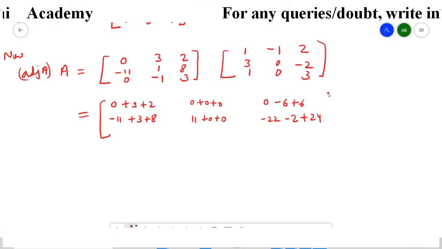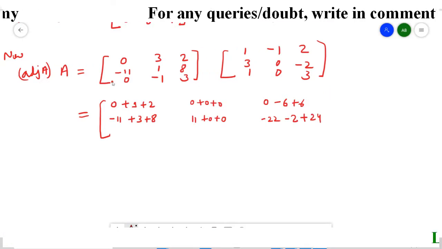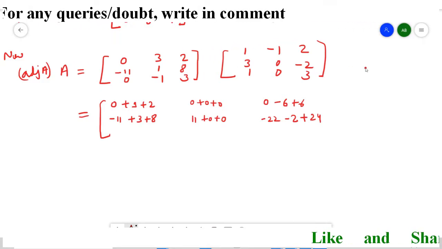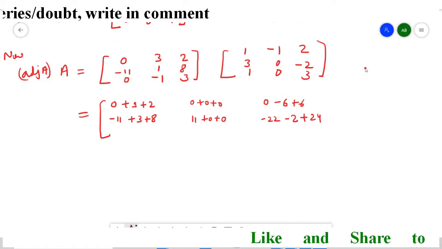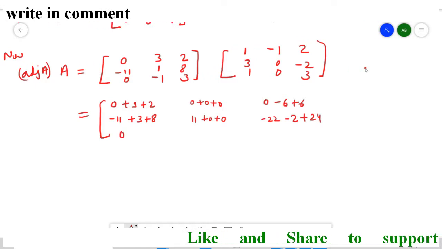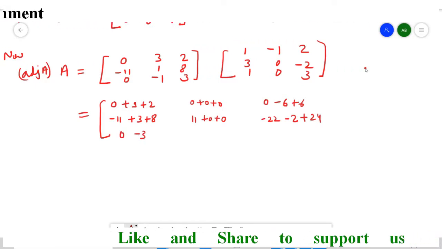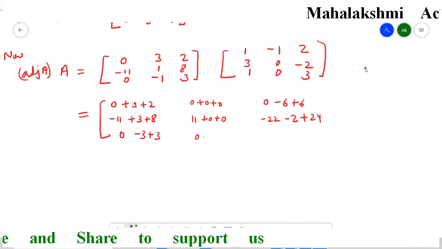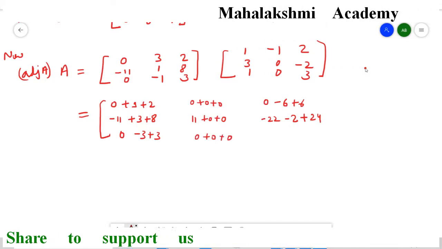and 24. Then we'll multiply the third row by each column respectively. So we'll get here 0 minus 3 and 3. And here you will get 0 plus 0 plus 0.